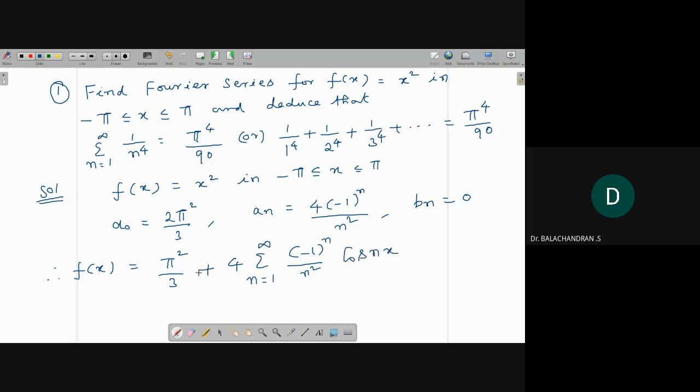Here you have 1 by n square, and the series we want has 1 by n power 4.